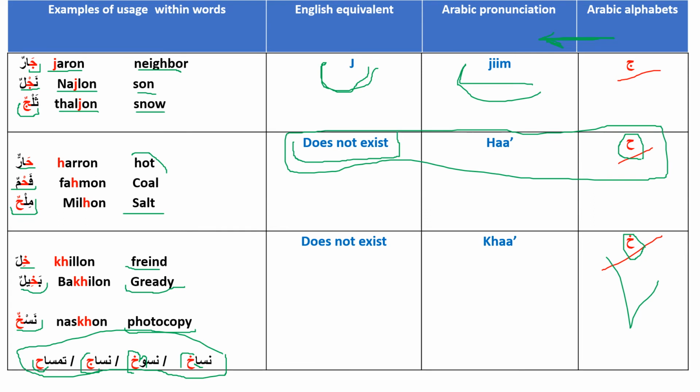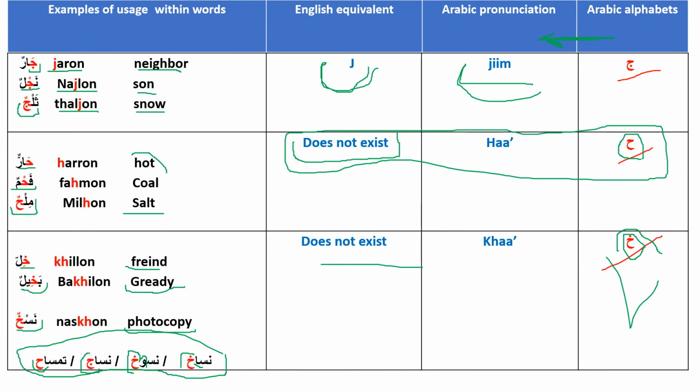It's the soundless version of ha. The vocal cords should not vibrate when you pronounce it. If you pronounce ha, they vibrate. But when you say this one, they don't vibrate. That's the difference.